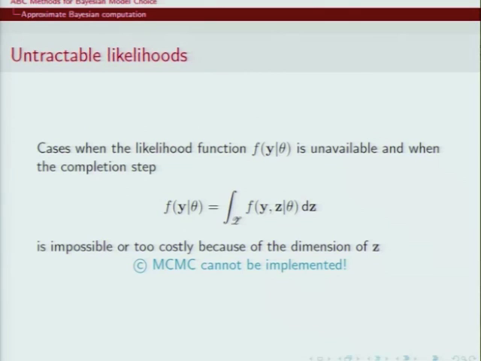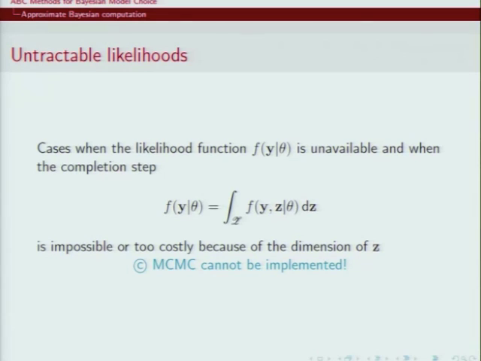So for instance, we may have a latent variable model where there are so many latent variables that the integral of f of y, z against dz is impossible either analytically or through simulation, just because of the sheer size of the latent space z. And so in such cases where f of y given theta cannot be computed numerically, we cannot directly use MCMC. There are many counterexamples where I cannot produce a numerical value for f of y given theta and still run MCMC.